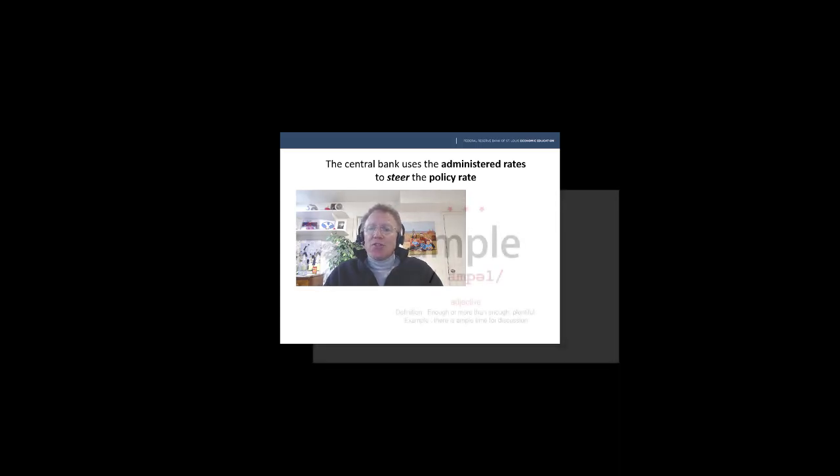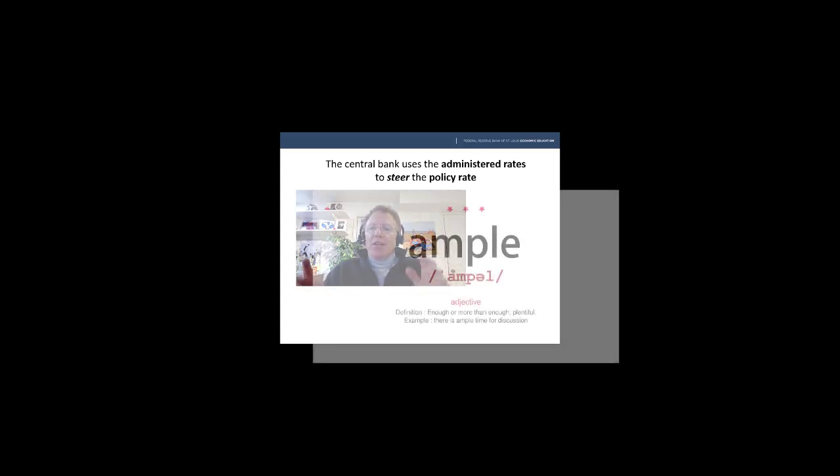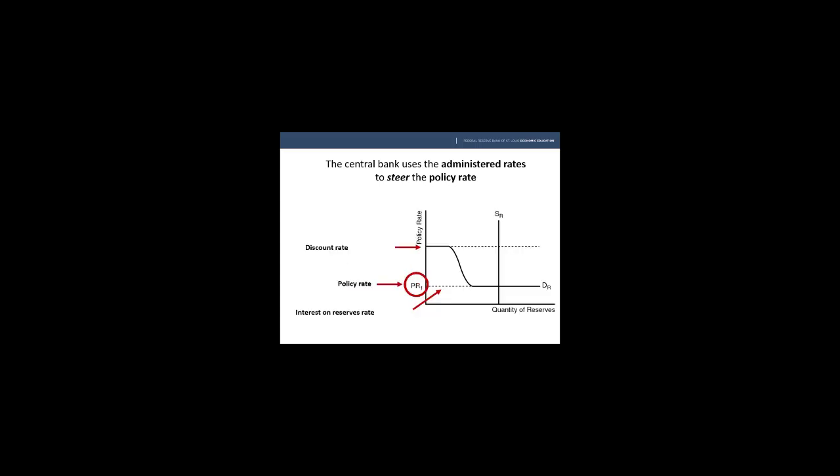The central bank has stated it will operate within an ample level of reserves in the banking system. An ample level of reserves means that the supply curve remains far to the right in the graph, where the supply curve intersects the flat portion of the demand curve. On the flat portion of the demand curve, small shifts in the supply curve do not affect the equilibrium policy rate.